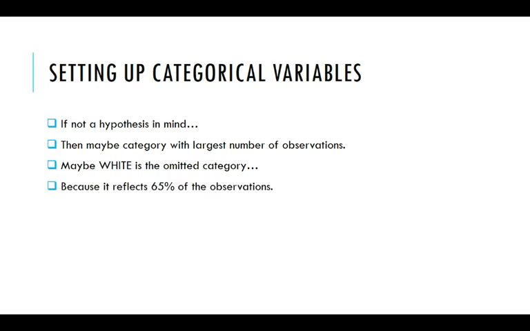Let's say it's reflected in 65% of the observations, then it might make sense to choose it that way. And that way, other variables are interpreted relative to a white student, a white worker, whatever it is that you're investigating. So choosing it on the basis of what your data looks like. In other words, if you only have a handful of observations of a certain race, you probably wouldn't want to choose that as your baseline. That would be kind of a strange baseline.